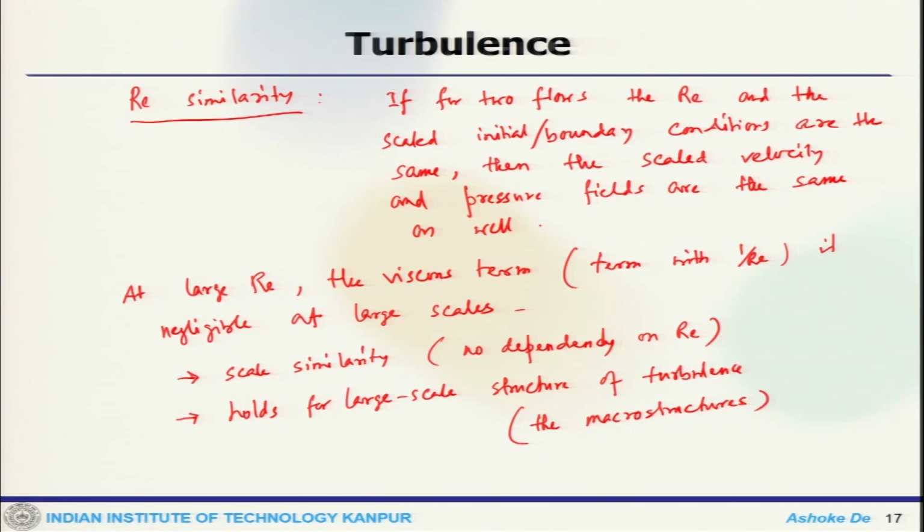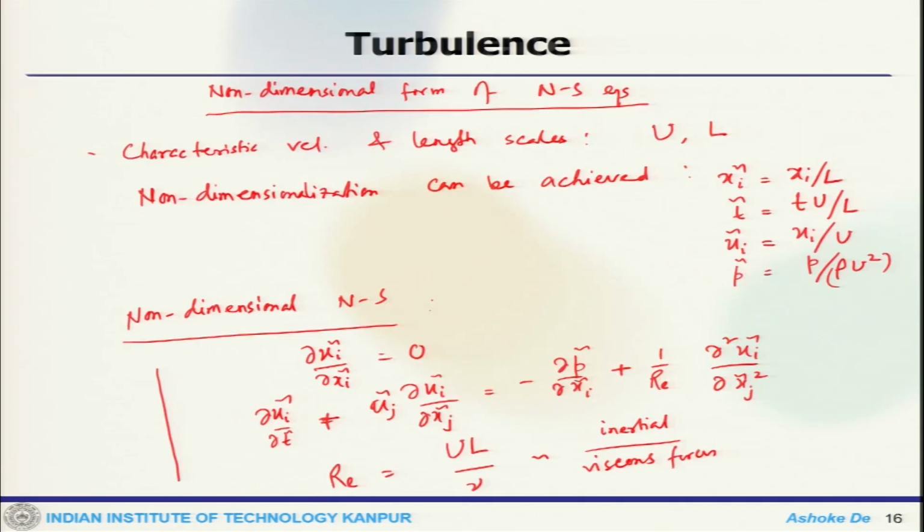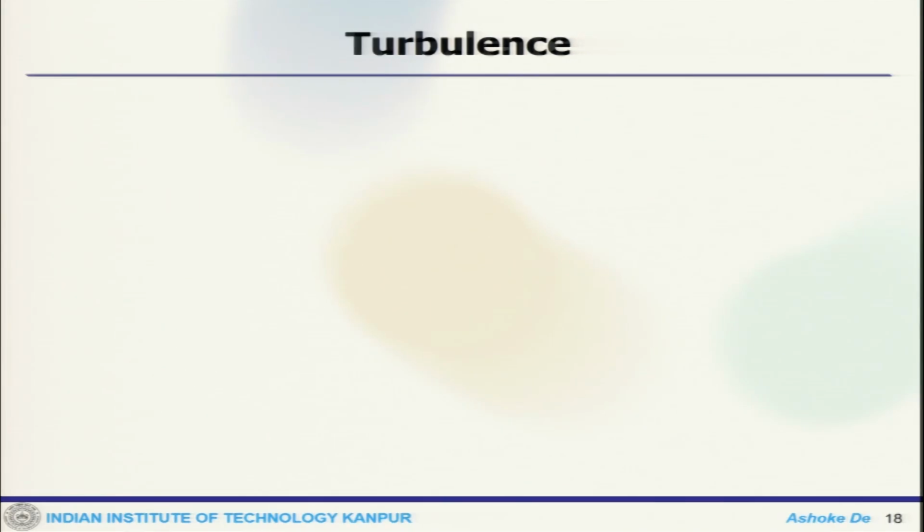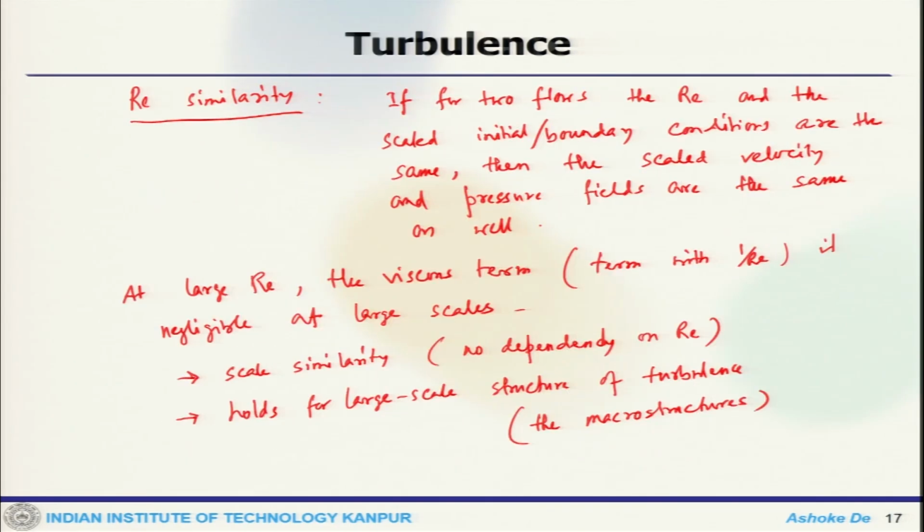So, this is what we get from our non-dimensional Navier-Stokes equations, which is continuity and this is momentum. We can say there are both the scale similarity and Reynolds number similarity. Reynolds number similarity is: if for two flows the Reynolds number and the scaled initial and boundary conditions are the same, then the scaled velocity and pressure fields are the same as well. So, that talks about your RE similarity.